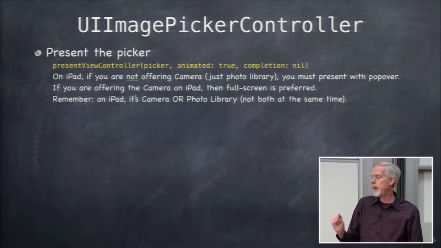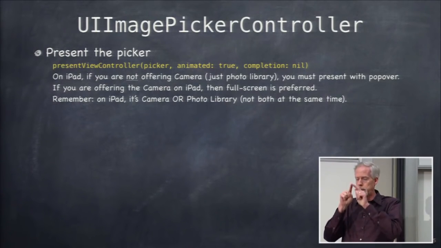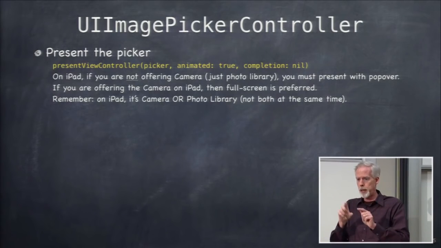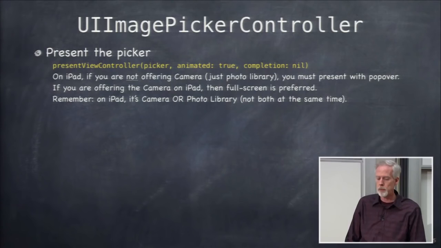However, on the iPad, if you're just looking at the photo library, or the camera roll, you want to present that in a popover, because it's only going to be fairly small, like 320 wide by, I don't know how high, 600 or something. So that's really something you're supposed to put in a popover. Now, on an iPhone, it doesn't matter. In both cases, it's going to be full modal, taking over the screen, because it's just too big to put any other way on the iPhone.